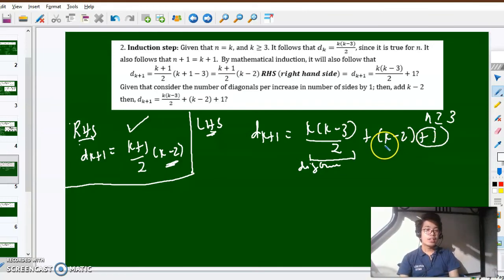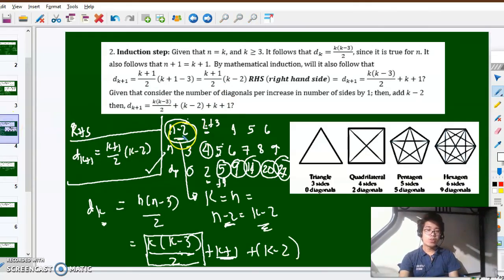And we also added a k minus 2. This is the one that we proved a while ago from the pattern that we discovered. We discovered that from n minus 2, there's going to be an increase of diagonals per increase of number of sides of the polygon in an n minus 2 term.